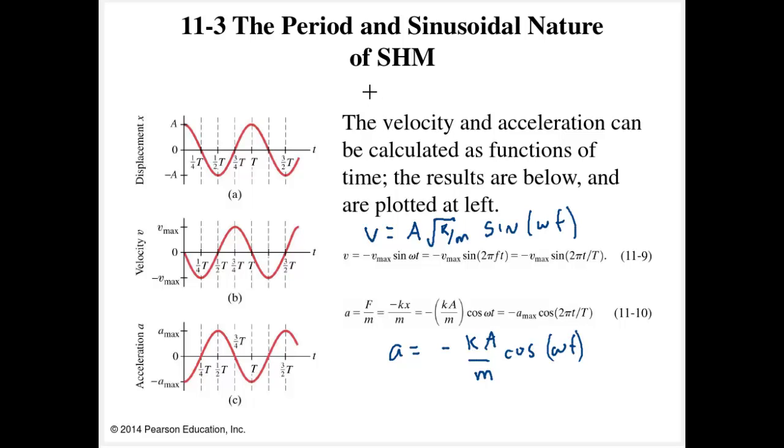This is for a position equal to the amplitude multiplied by the cosine of omega t.